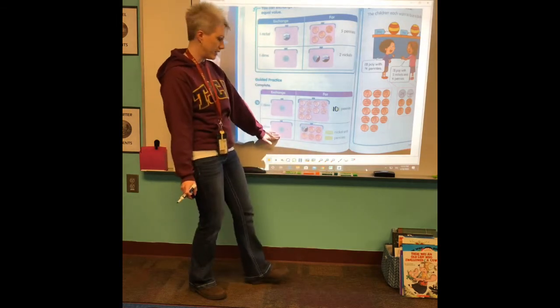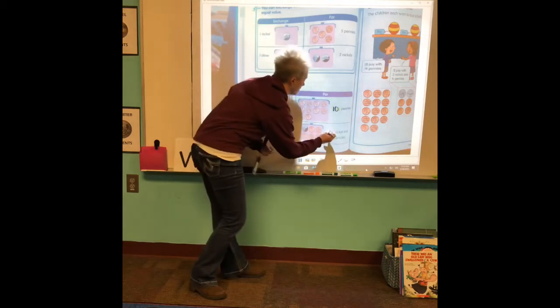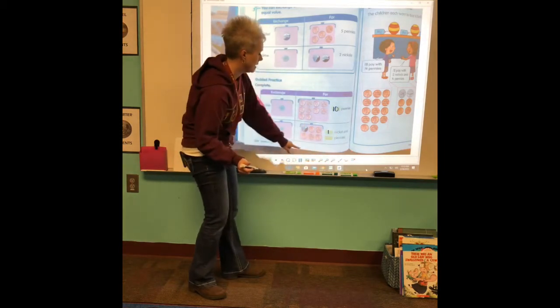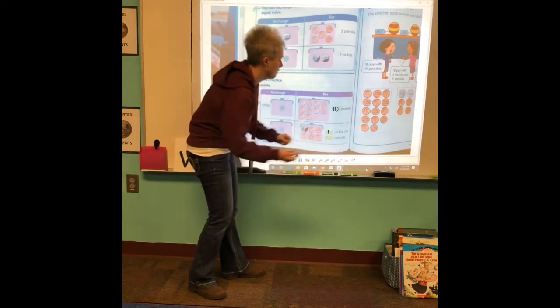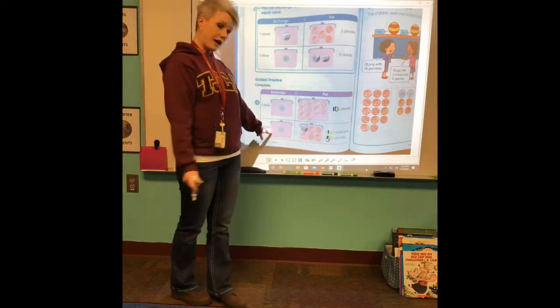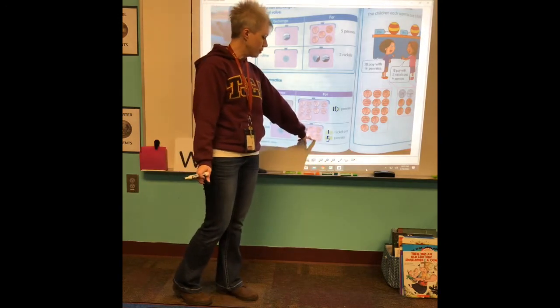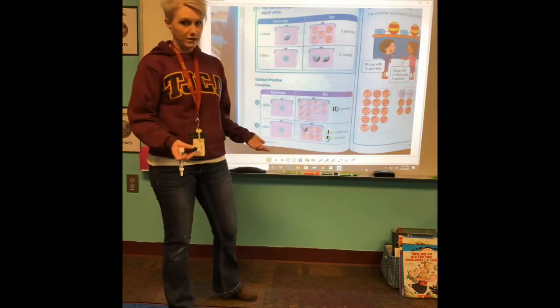This is 10 cents. This is 10 cents. We have 1 nickel. And how many pennies? 1, 2, 3, 4, 5. So 1 dime, which is 10 cents, is equal to 1 nickel and 5 pennies, which is also 10 cents.